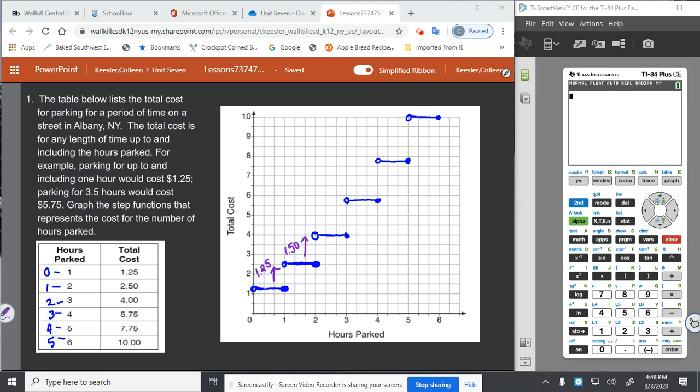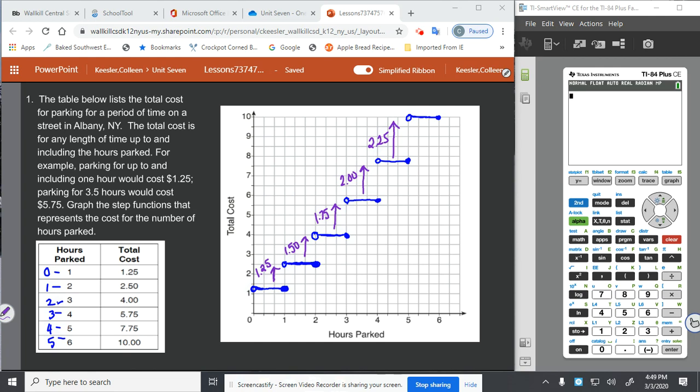And then from the 3 to 4 hour mark, it went up $1.75. From the 4 to 5 hour mark, it went up $2. And the 5 to 6 hour mark, it went up $2.25. So for every additional hour that you're parked there, you're getting charged 25 cents more.